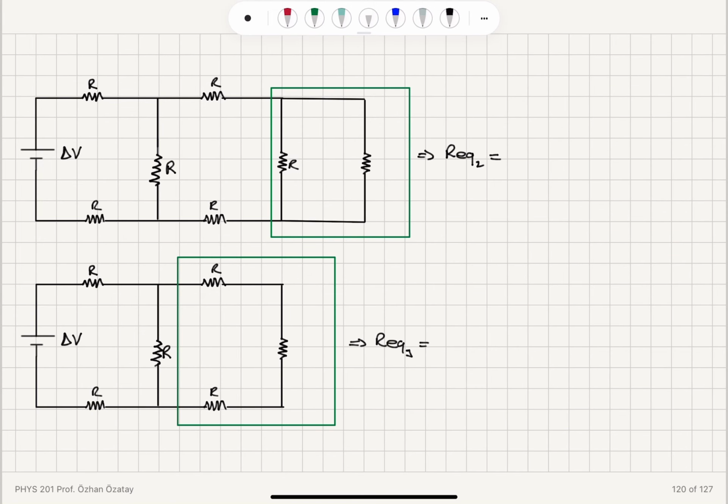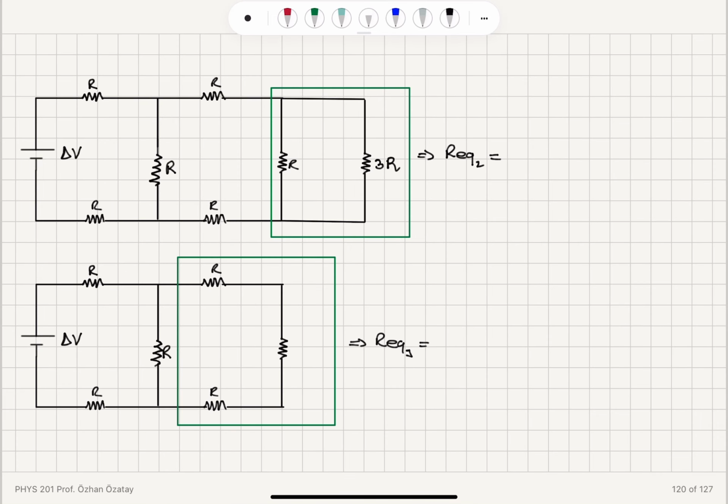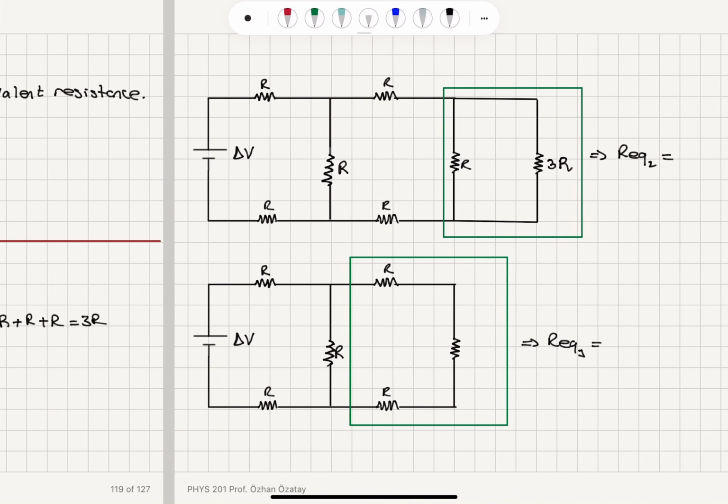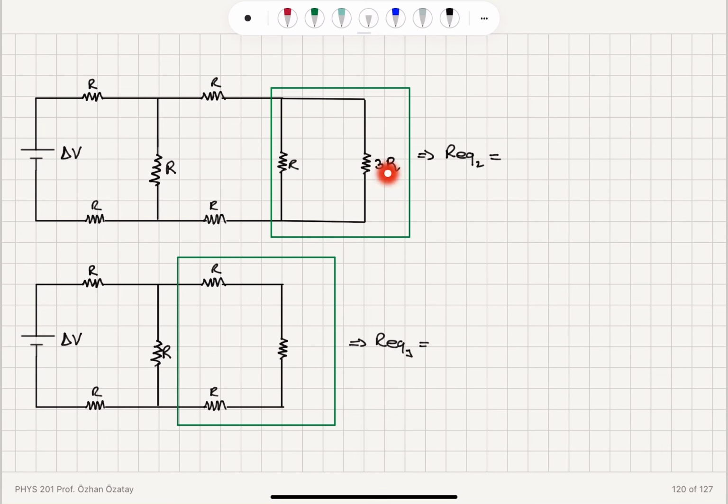So that's what we do here. We have a single equivalent resistance with resistance 3R that replaced this part of the circuit. So we have now 3R and R connected in parallel. So you can see two resistors connected in parallel.